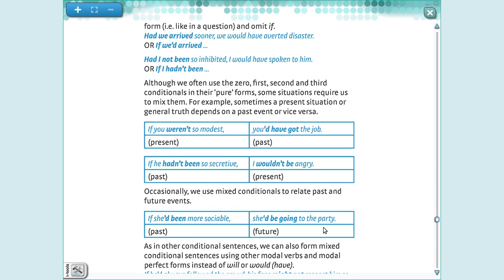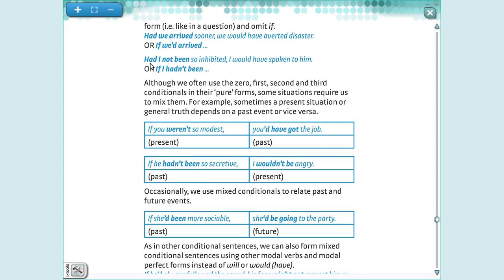Okay? And what I didn't talk to you last class was about how can I omit the if in my sentence. When you don't want to write if, you can omit it using had. So if my sentence is, if I had studied, how can I do it?